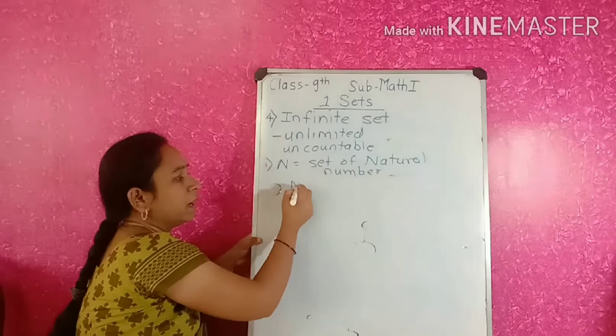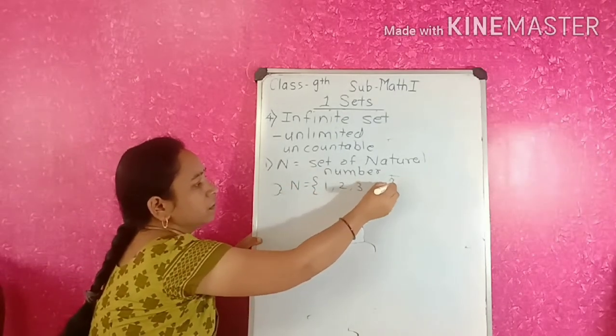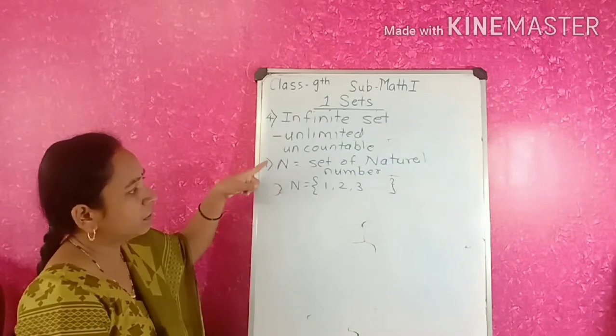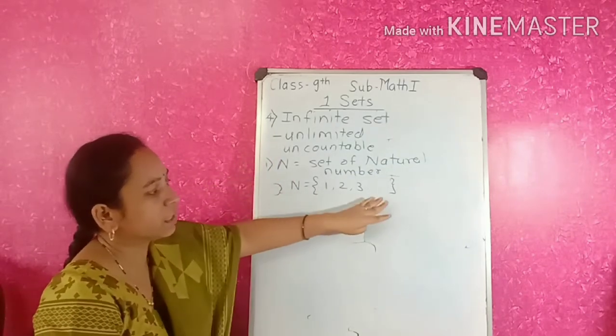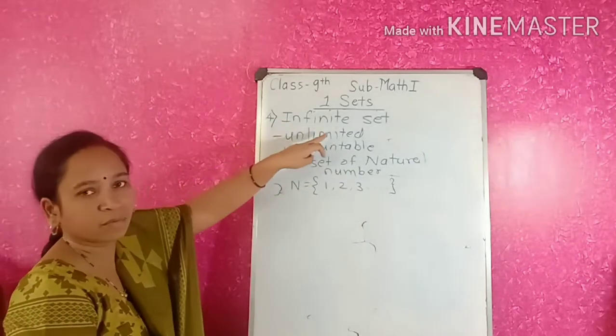So here N would be 1, 2, 3, and it doesn't have an end. So it is a set of natural numbers and it doesn't have an end. That means it is unlimited. So it is called an infinite set.